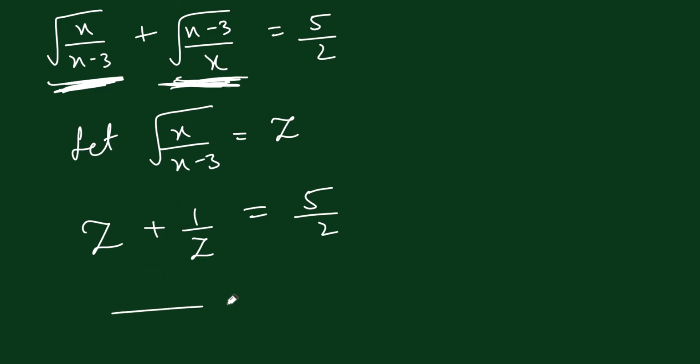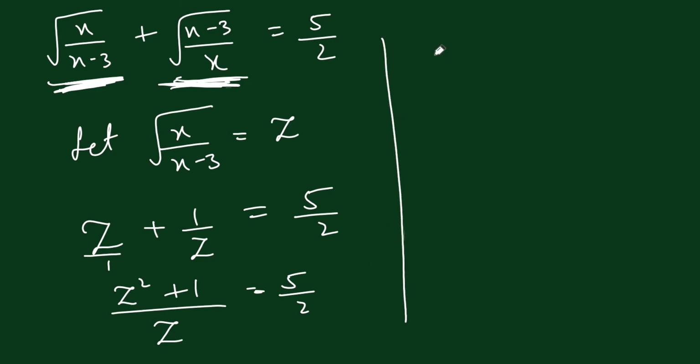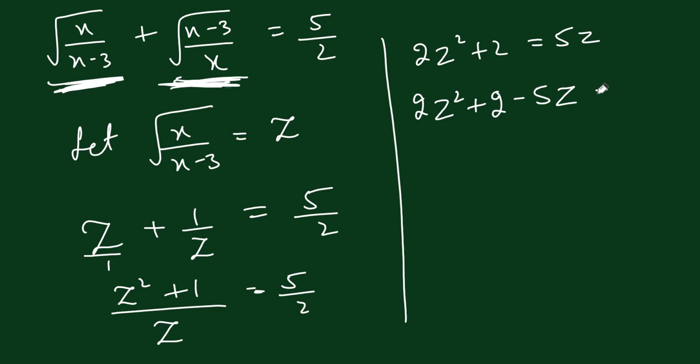So here if I take LCM, LCM is z, and cross multiplication will become z square plus 1 is equal to 5 by 2. Again I need to send it to the other side: 2 into z square plus 1 is equal to 5 into z after taking cross multiplication again. So it will come 2z square plus 2 minus 5z is equal to 0, but it's not in standard form.